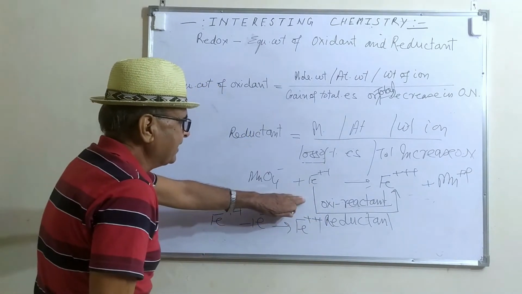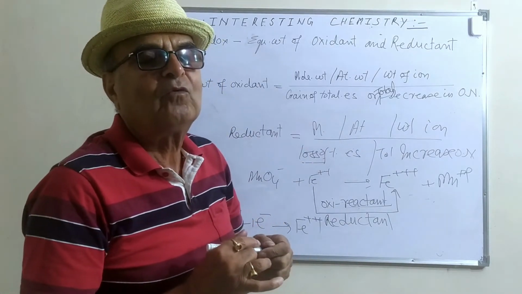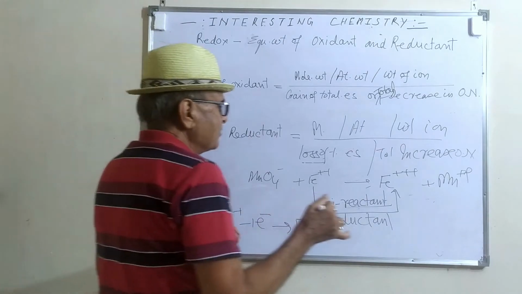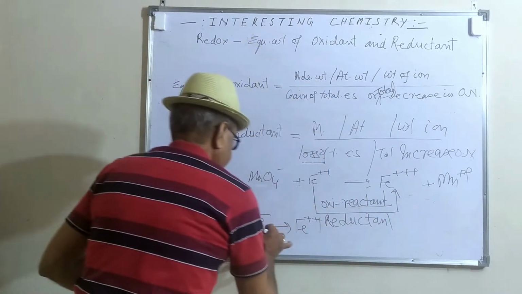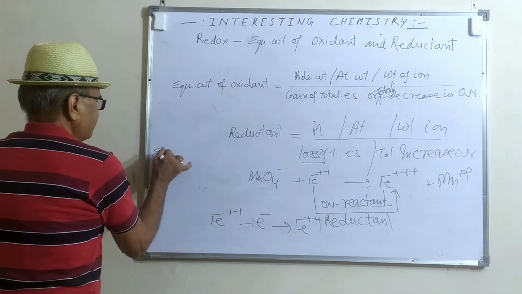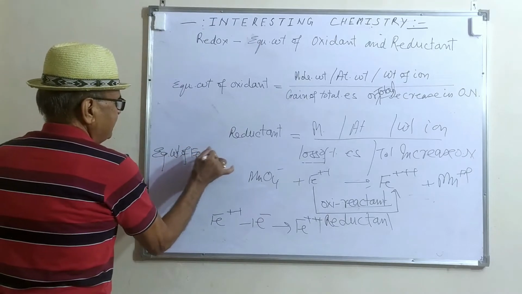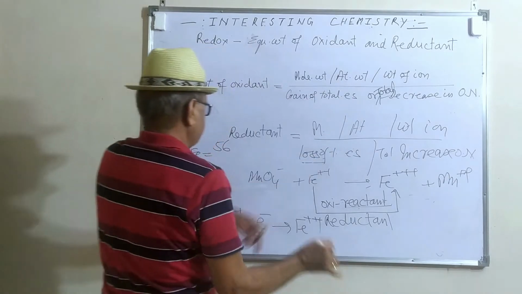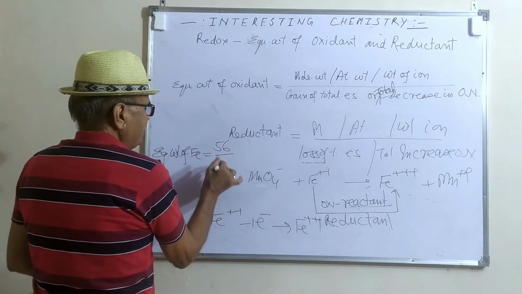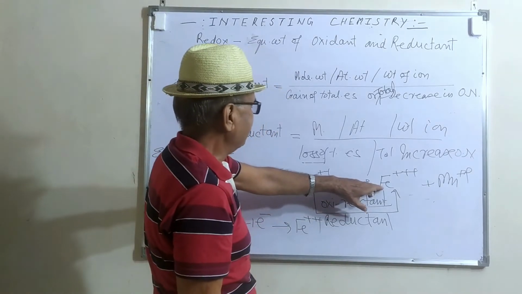So only one electron. What is the equivalent weight of Fe in this case? The atomic weight of Fe is 56, and the equivalent weight of Fe is 56 divided by 1, because it lost only one electron.